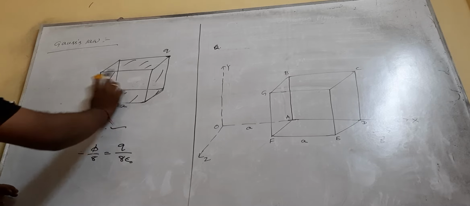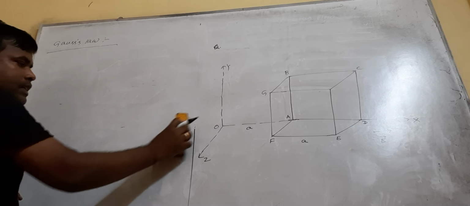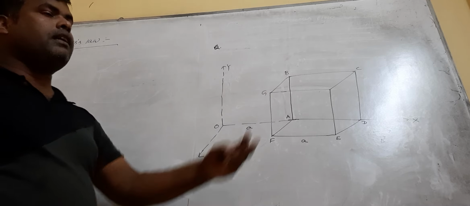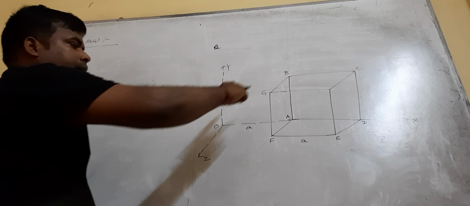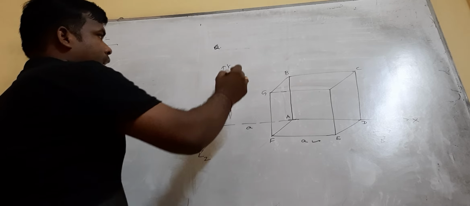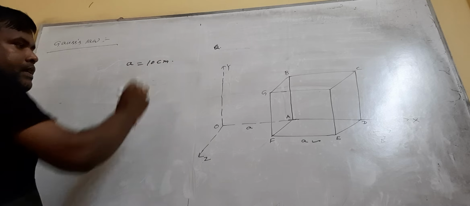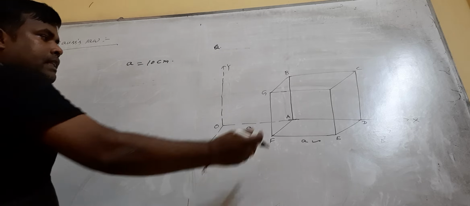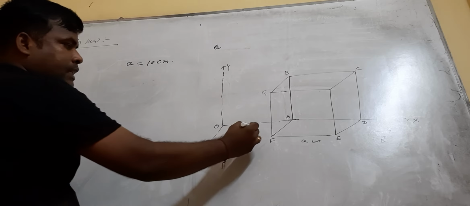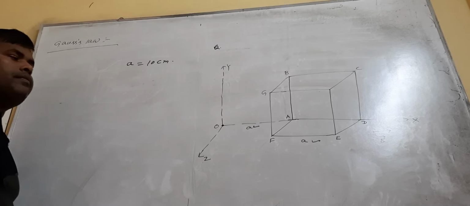So another important question here we will discuss. You have a cube, you see this figure. You have a cube of side a each, and the data given is a equal to 10 centimeter, and this cube is placed as shown in figure at a distance a along x-axis from the center.